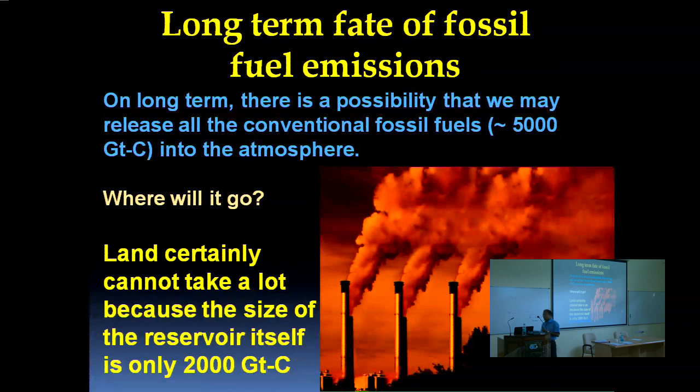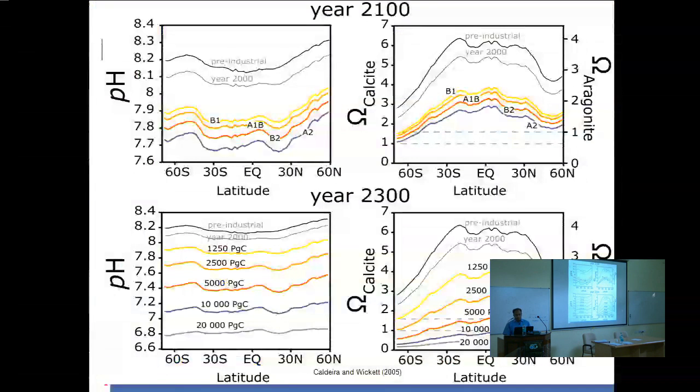If you look at this previous plot, 5,000 gigaton means this one here. Which is a very scary scenario, because in many regions the saturation does go below 2, okay? And pH can go down to 7.4 by year 2300.